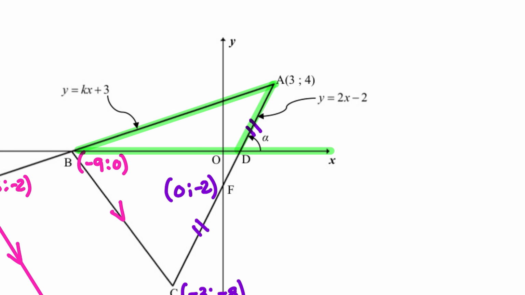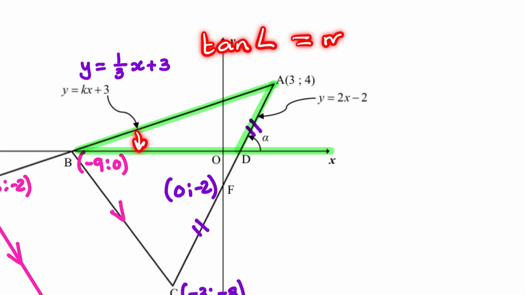And we know that the equation of that line is y = 1/3 x + 3. So I can find this angle of inclination by taking tan of that angle and setting that equal to the gradient of that line, and that gradient is 1/3. And I can do the same to solve for alpha.